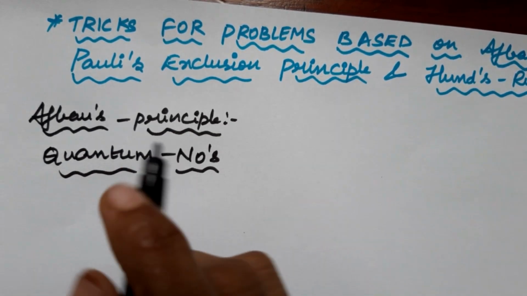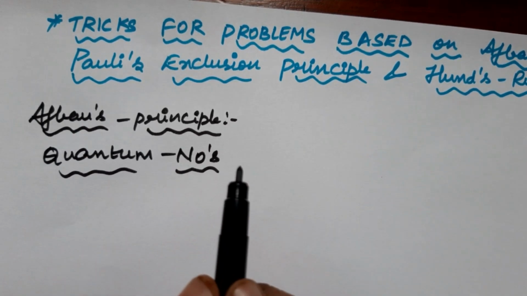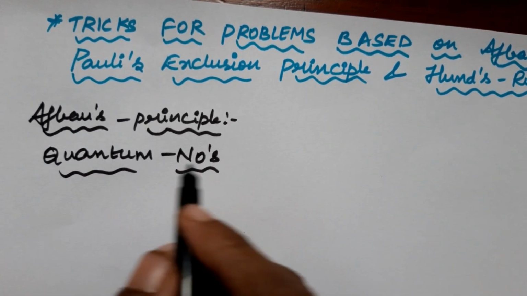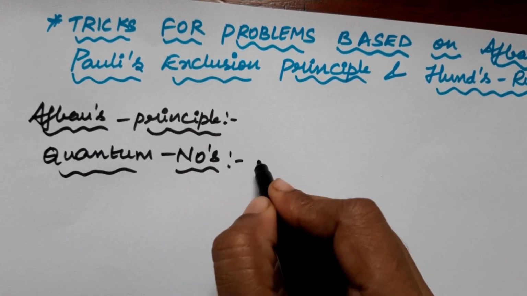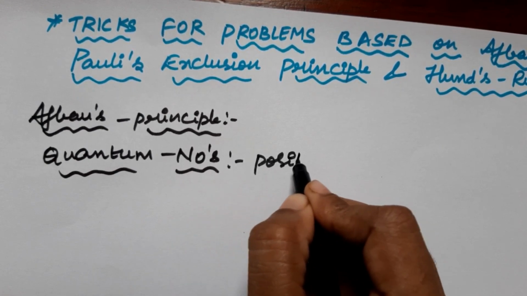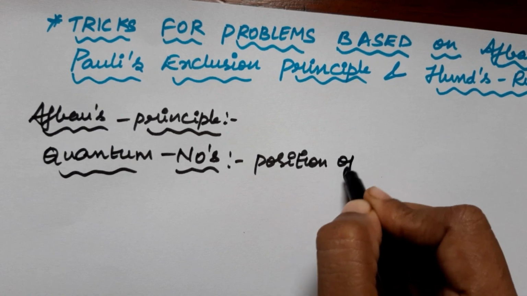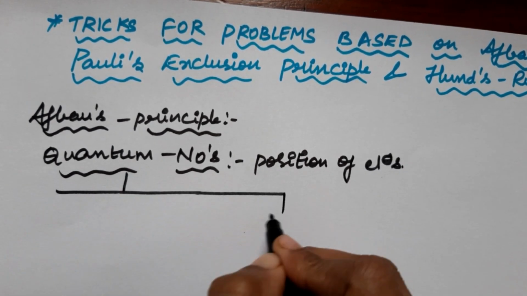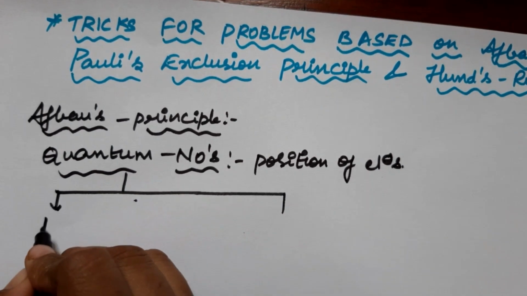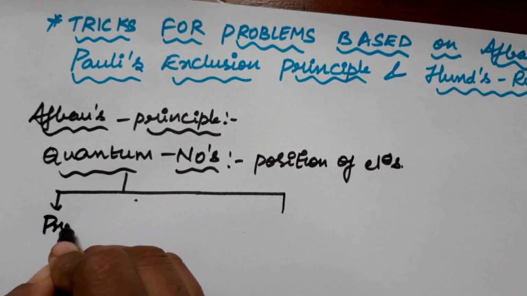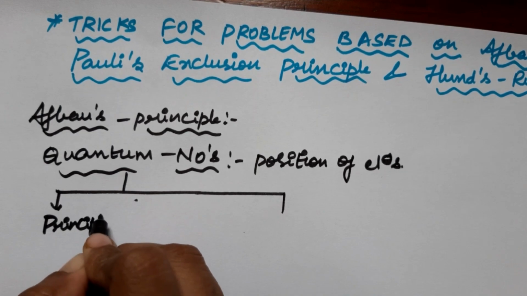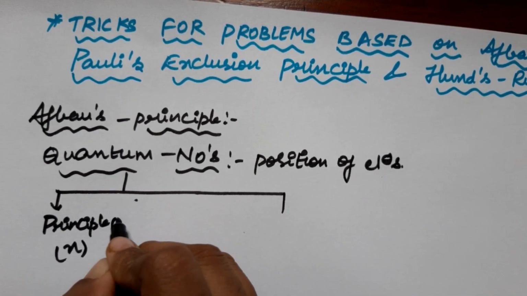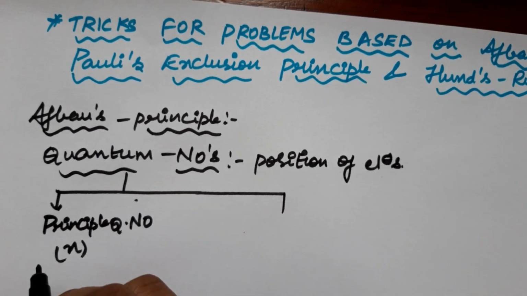Quantum numbers are the numbers which define the position of electrons. Quantum numbers are of 4 types, as you already know. One is the principal quantum number, which is denoted by n.